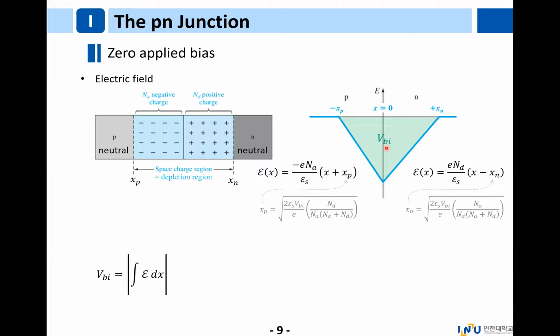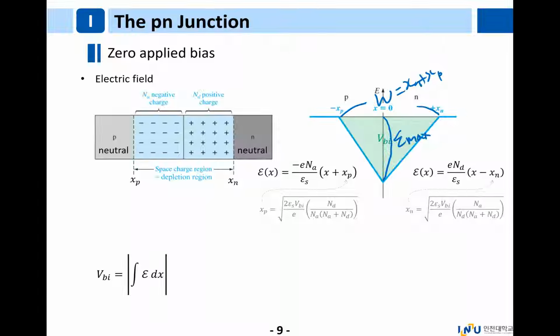Considering the base of this triangle, xn plus xp will be the depletion width, and the height is the maximum value of the electric field.